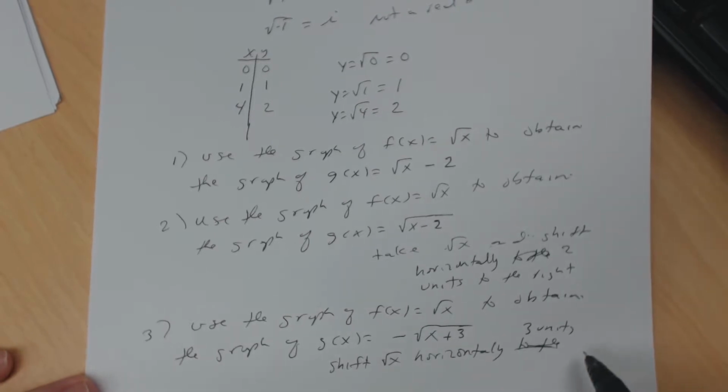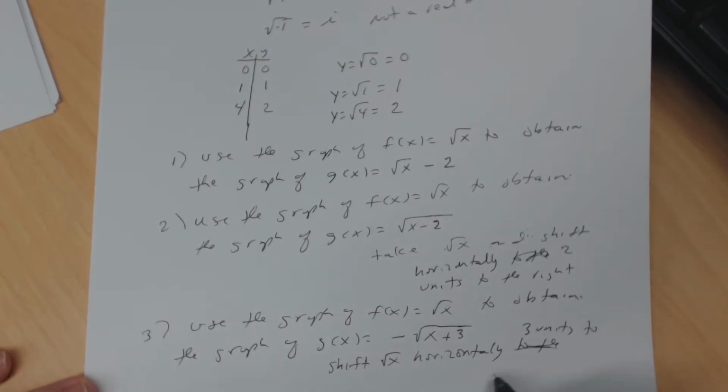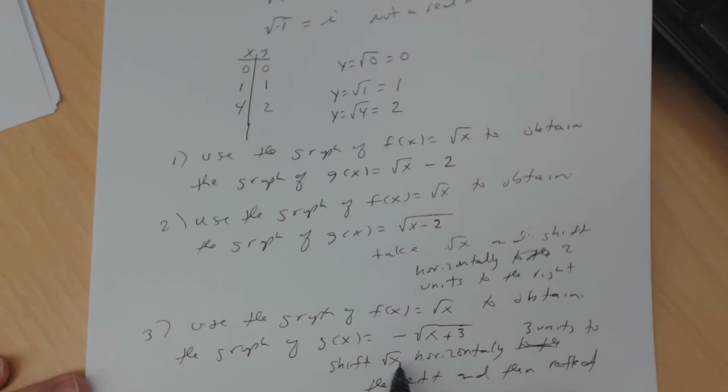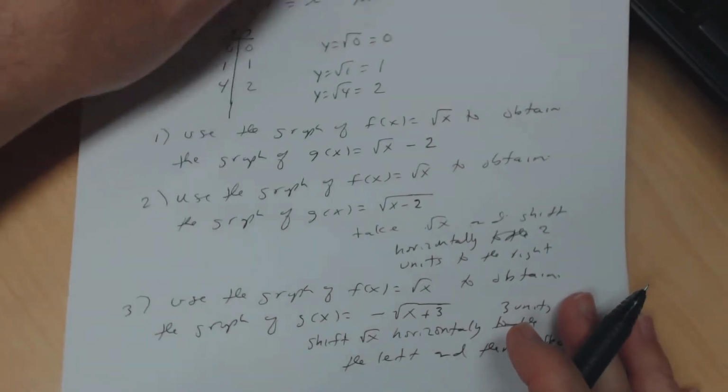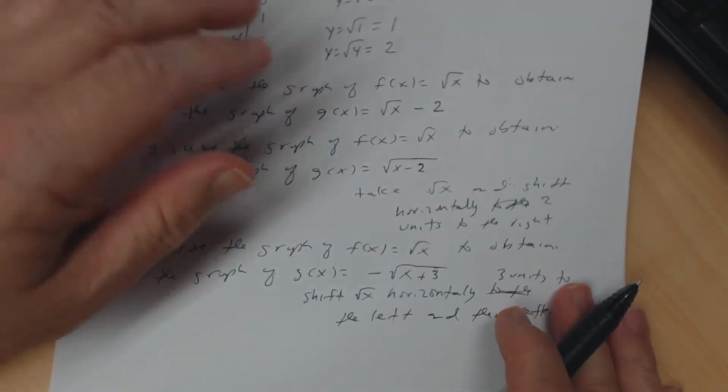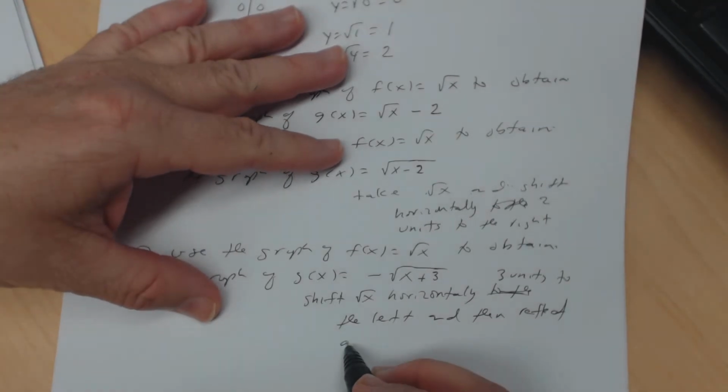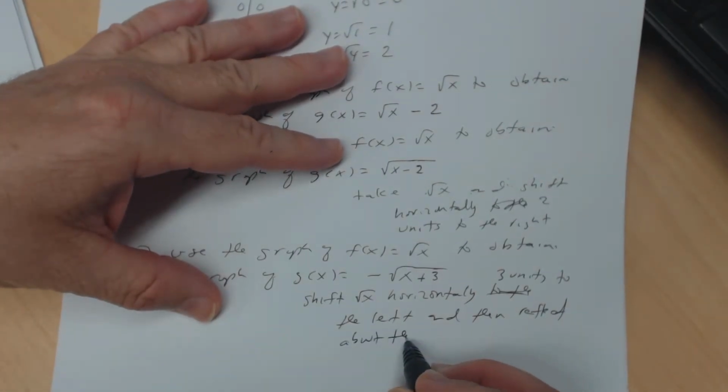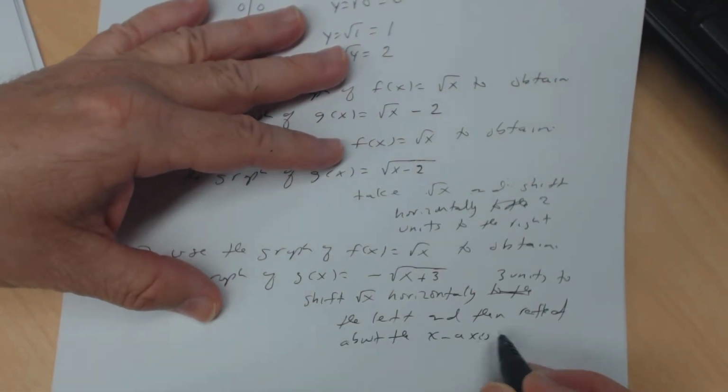It's actually to the left. So 3 units to the left, and then reflect, because remember this negative out here is a reflection about the x-axis. So then reflect about the x-axis.